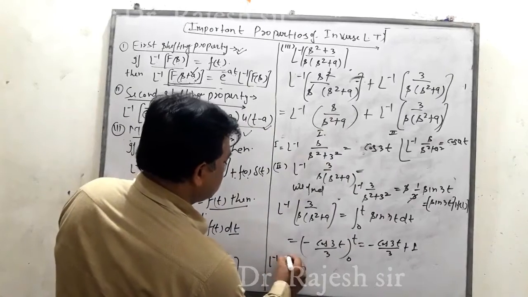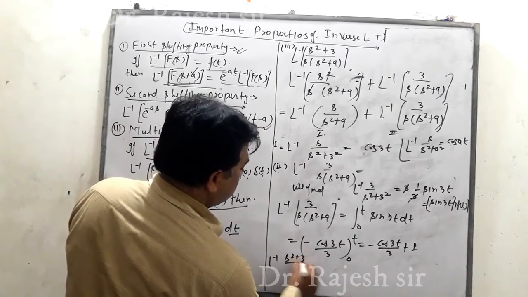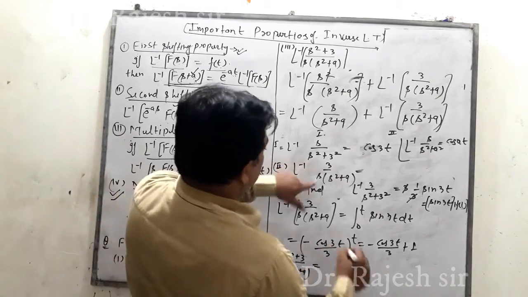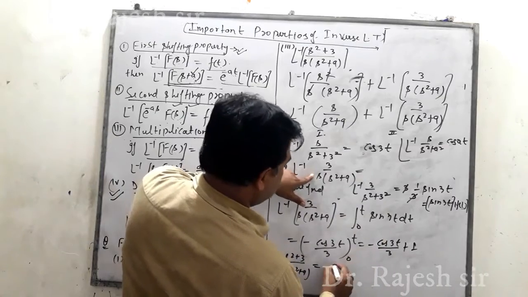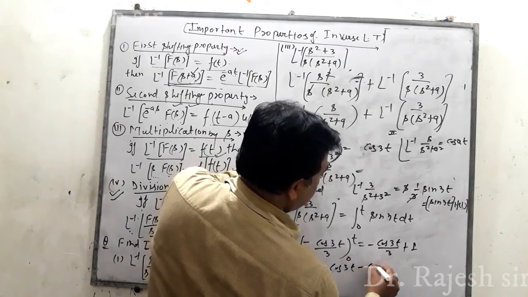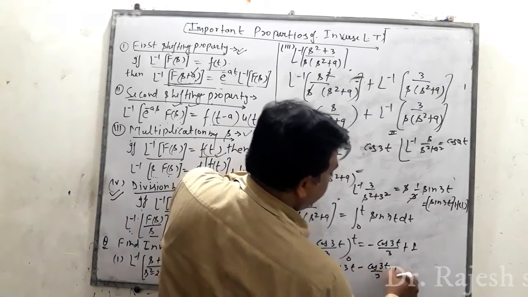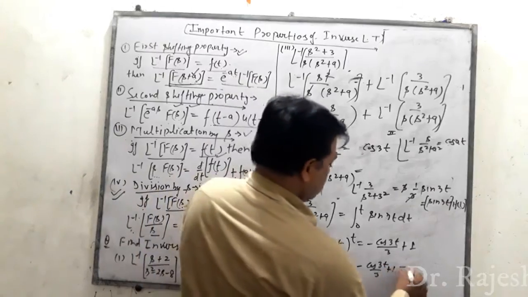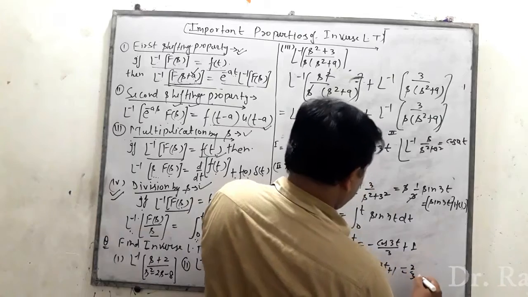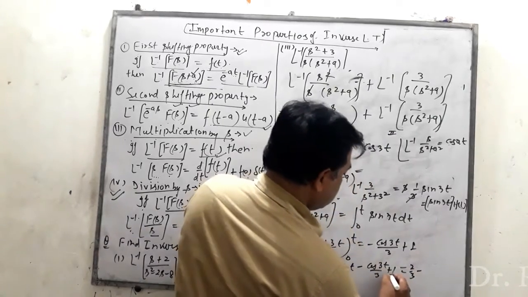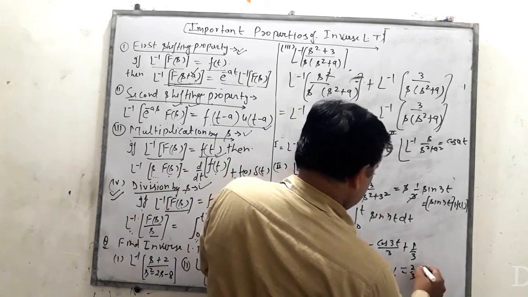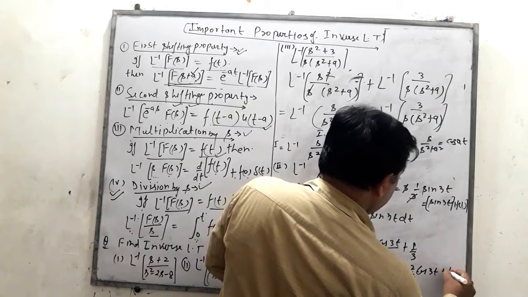So the inverse Laplace transform of s square plus 3 upon s times s square plus 9 equals first cos of 3t, minus cos 3t upon 3 plus 1 upon 3. Sort out this question with the LCM: 2 upon 3 cos of 3t plus 1 by 3.